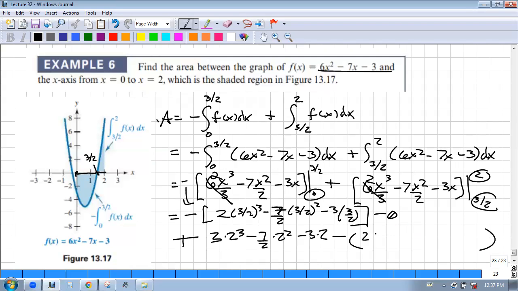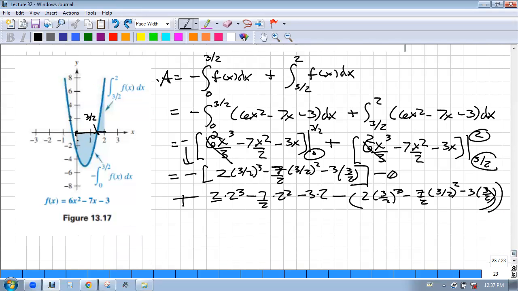So I have 2 times 3/2 cubed minus 7/2 times 3/2 squared minus 3 times 3/2. I think a lot of this stuff should cancel. Like, let's see, this minus minus is a plus. Oh, here we still have a minus minus is also a plus. So stuff does not cancel out. Okay.